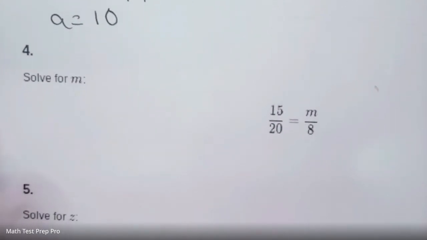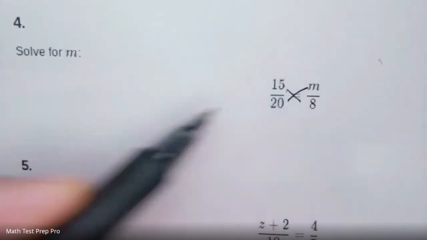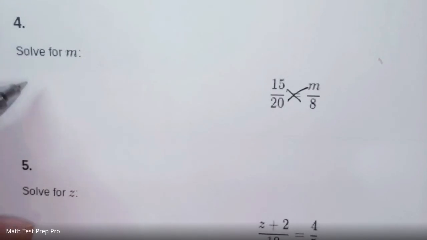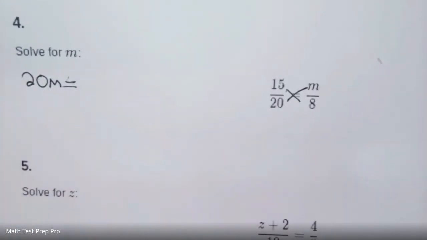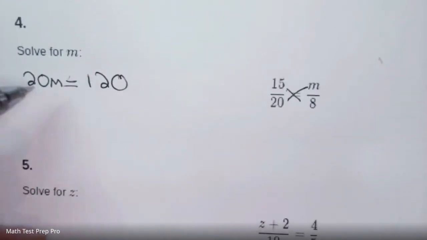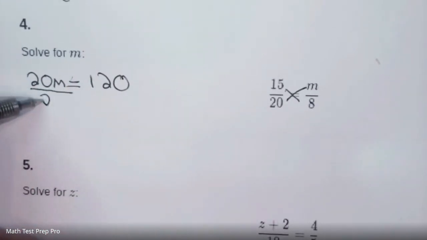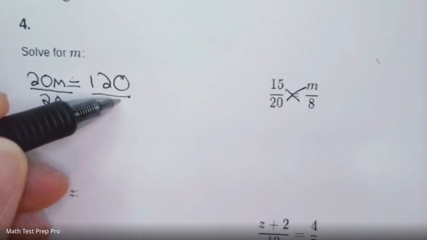All right, problem number 4. We're going to solve for m. First thing we're going to do, cross multiply. 20 times m is 20m equals 15 times 8, which is 120. So 20 times m equals 120. How do I cancel out the 20? If it's multiplying by 20, I got to divide by 20. If I do the left side, I got to do the right side.